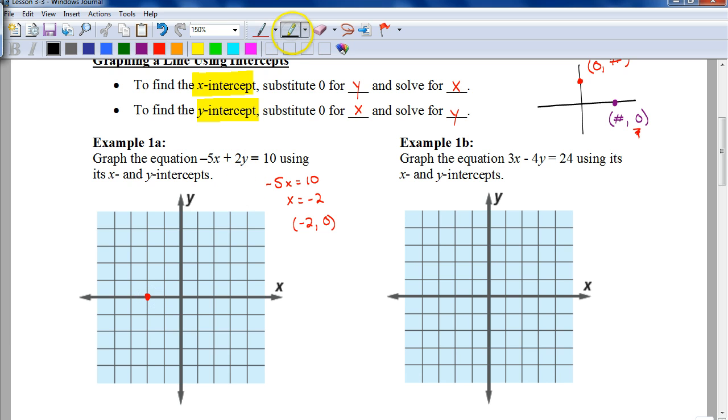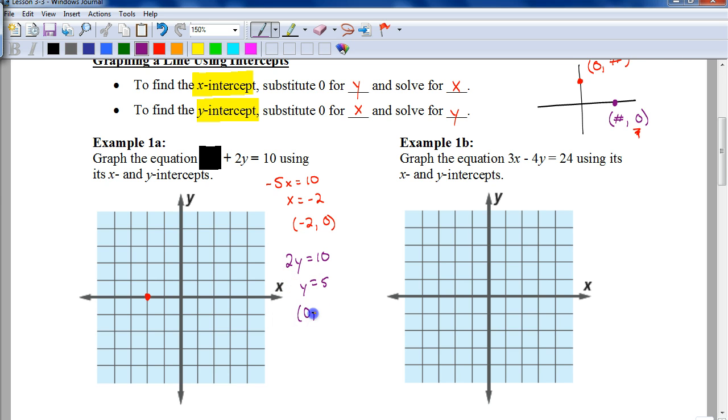Now if I want to find the y-intercept, I'm going to replace x with 0. Notice I didn't cover up the plus there because I want to recognize that that's a positive 2y. That equals 10. If I divide both sides by 2, I get my y-intercept is a positive 5.